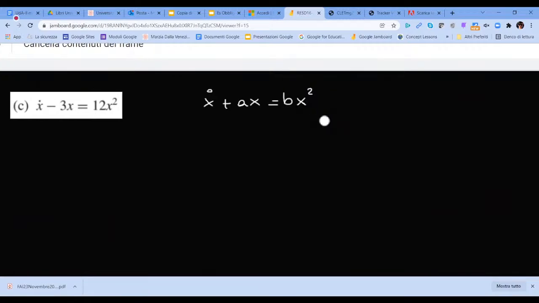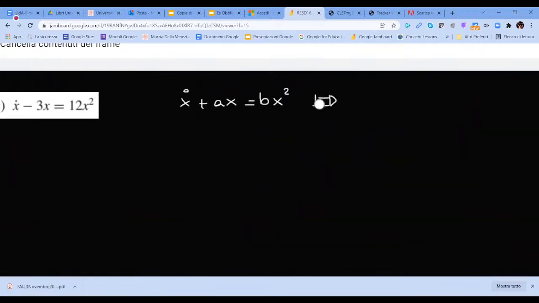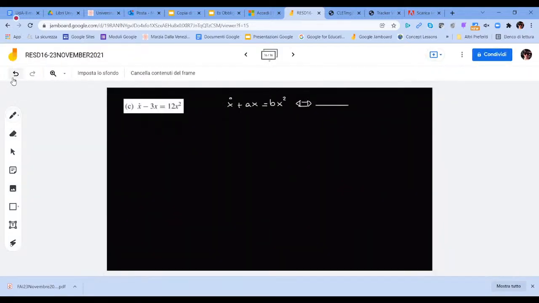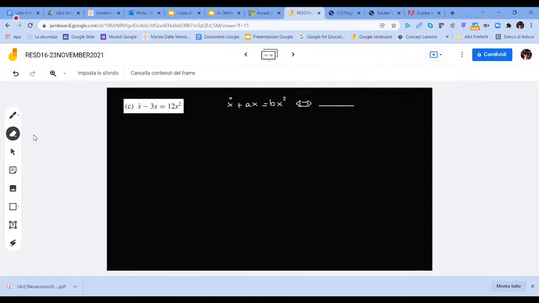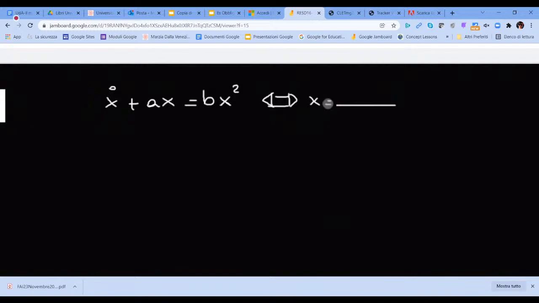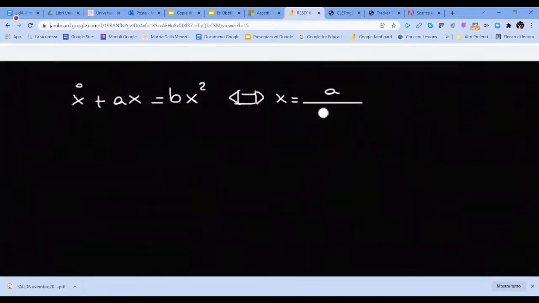You can apply the rule, and maybe you had an explanation during the lesson, but this is a kind of solution where x is equal to a divided by b minus some constant c e to the power of a times t.